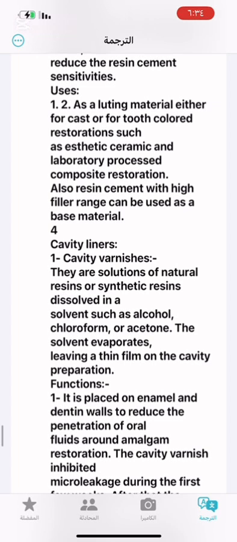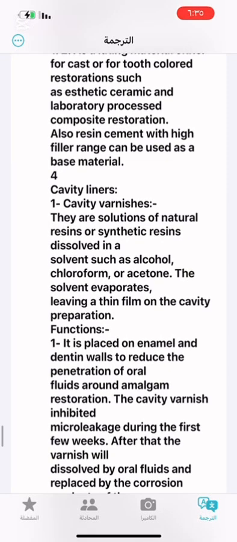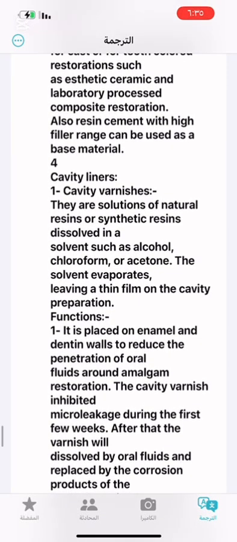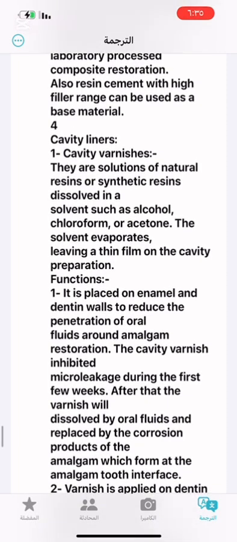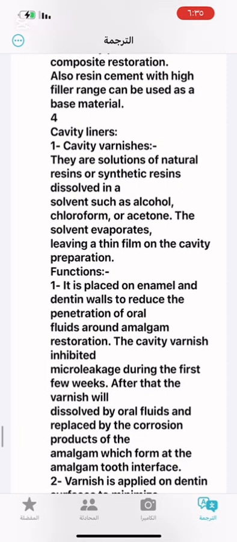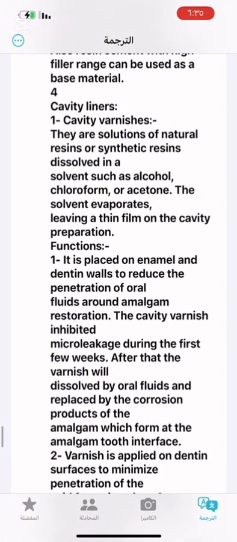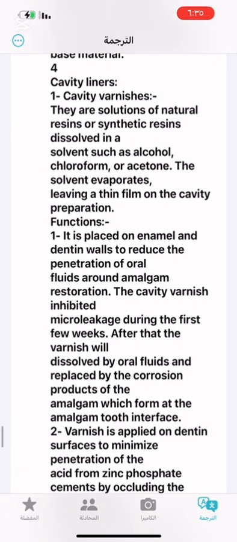Uses: 1. As luting material either for cast or for tooth-colored restorations such as aesthetic ceramic and laboratory-processed composite restorations. 2. Also, resin cement with high filler range can be used as a base material.